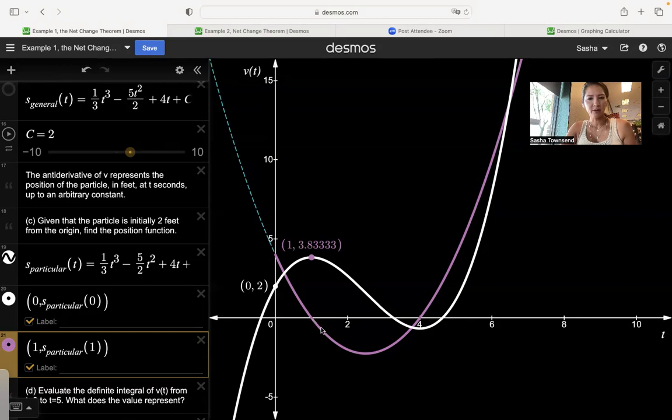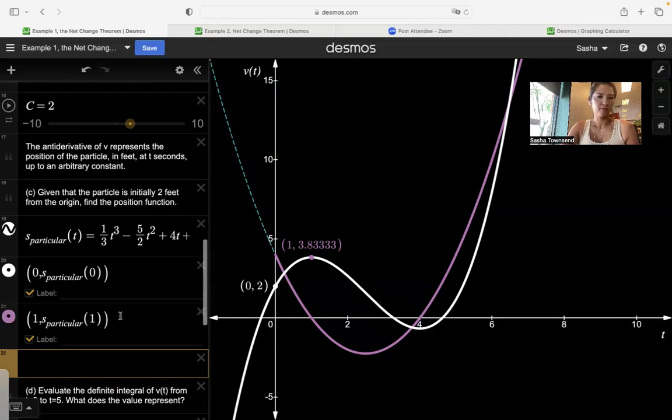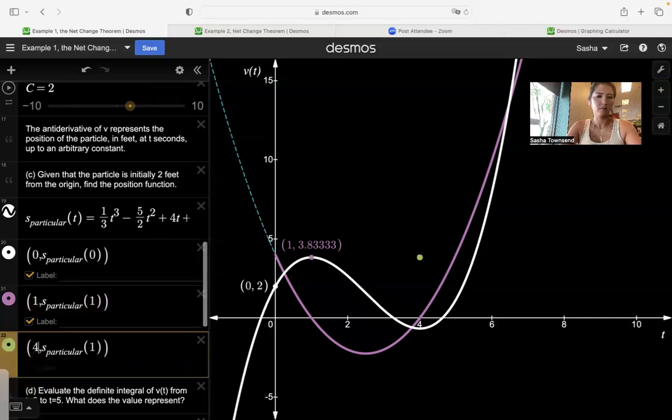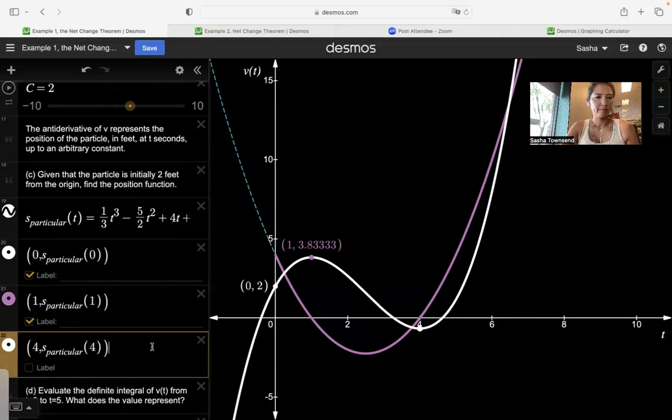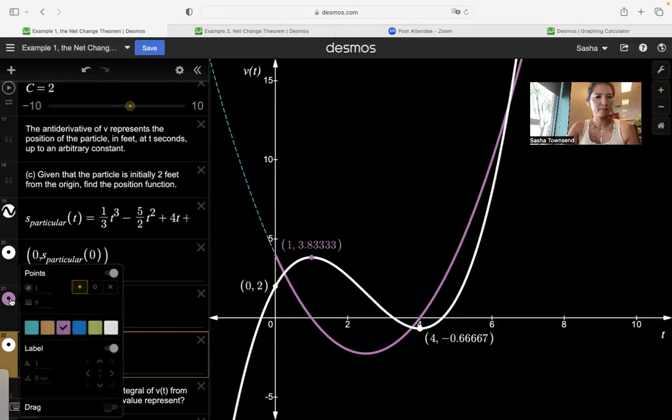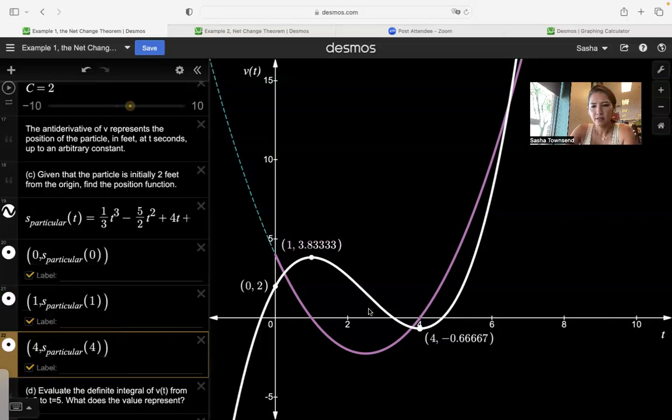And then we start moving backwards, right? Then at t equals 4, we're going to be at a minimum position. So it's 4 seconds. We're at this negative 2/3 position on the s-axis.